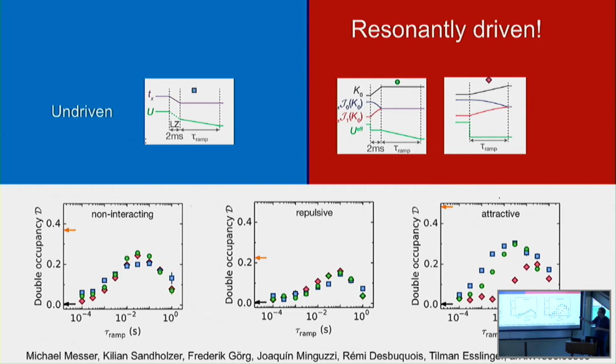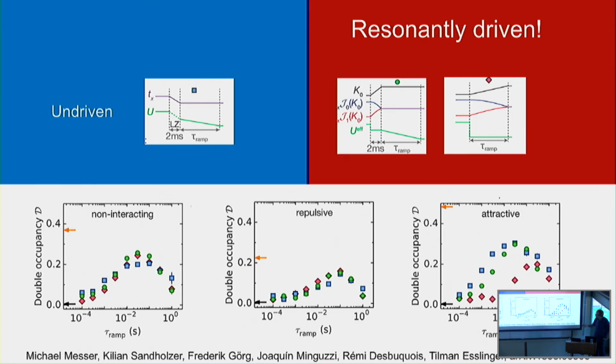We first make a jump, and, well, in the undriven system it's a spin flip, and then we go in a ramp to, say, a non-interacting, repulsive, or attractively interacting system. And then we watch the time evolution of the double occupancy.